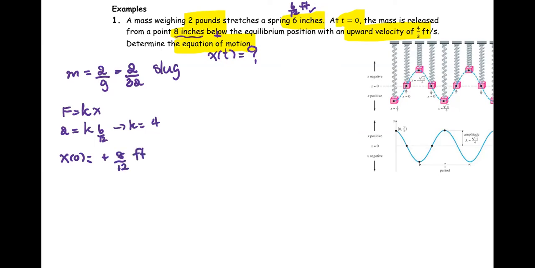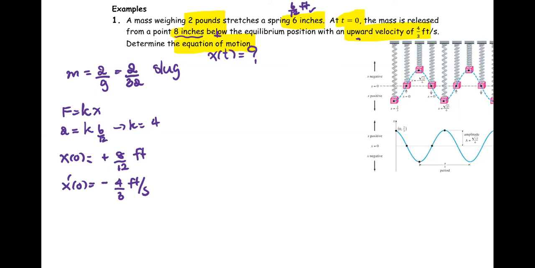And then the other part, with an upward velocity, upward means negative side of the velocity, or x prime at 0. So negative, the unit is already in foot per second, 4 over 3 foot per second. Okay, from this, do you guys have questions before I move on to put together the differential equation?